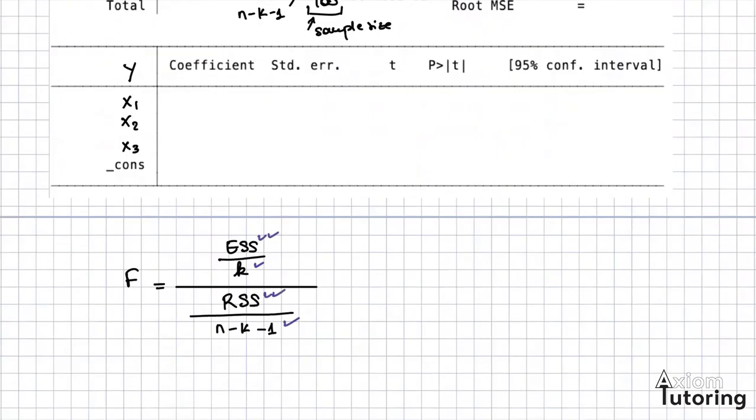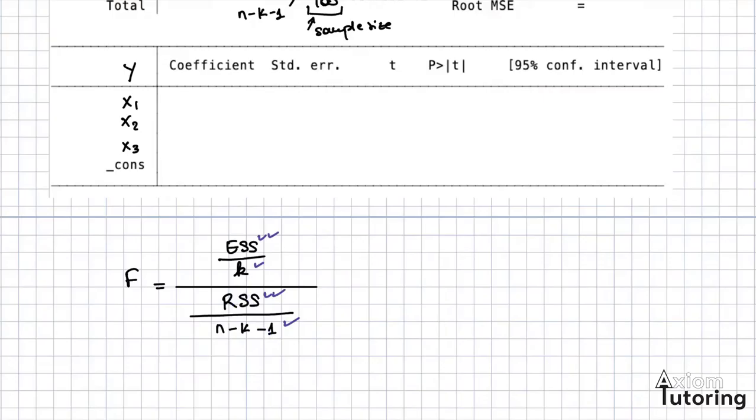So technically, we have all the elements that we need to compute that F-test. And again, this compares explained variation per regressor, because it's being divided by k, to unexplained, the residual, variation per degree of freedom, which is n minus k minus 1.